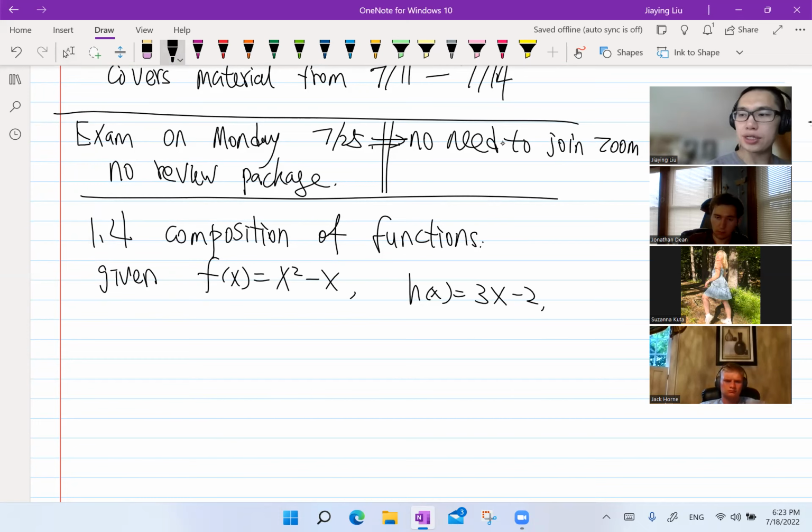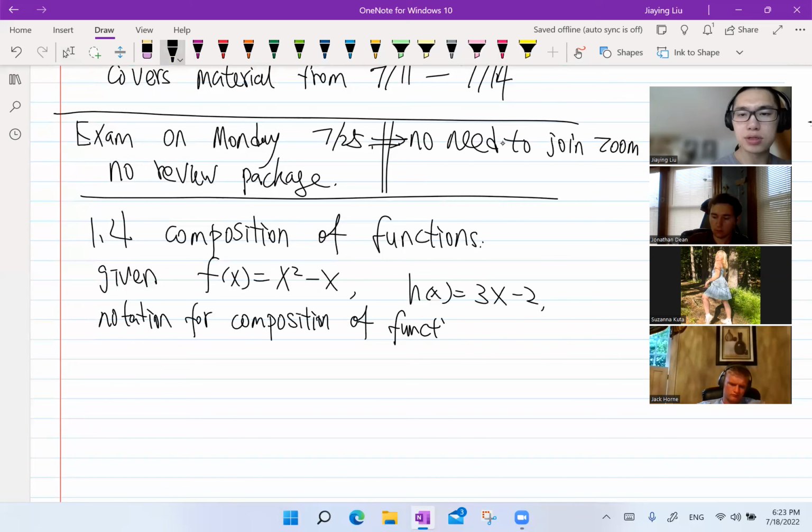So the notation for composition of functions, let's say we talk about f and h here, will be f composed with h, so f with a little circle, h, and then x is just an input.